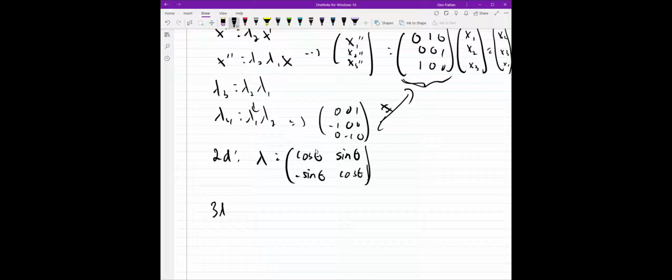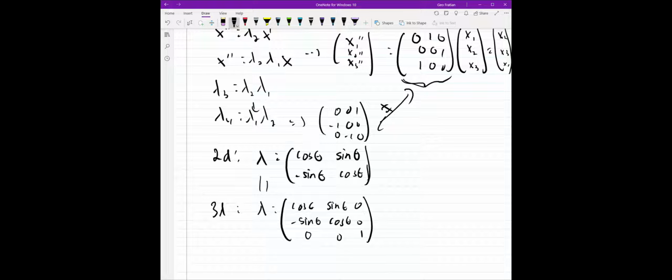And then in 3 dimensions, if the same thing was true, lambda is just the same thing, cosine theta, sine theta, negative sine theta, cosine theta. But since z maps to z, you need a 1 down here, and then you just put zeros everywhere else. In other words, x3 maps to x3 prime.